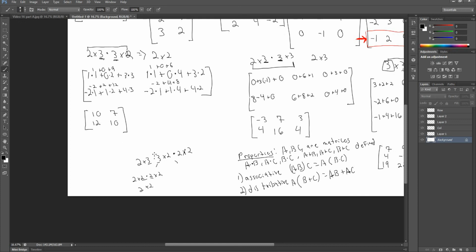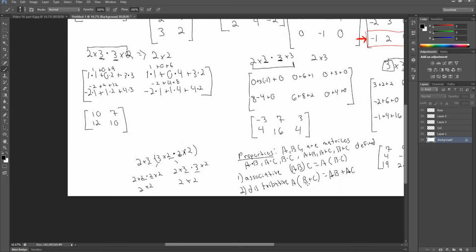In the other case, I would do B times C first. So this would be a 2 by 3 times a 3 by 2. Our outside numbers are the new order, since the inside match up. And in this case, our inside matches up still. We still just have a 2 by 2.